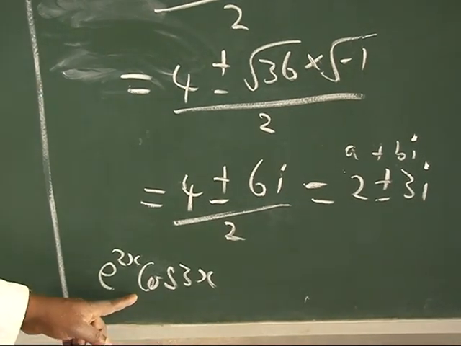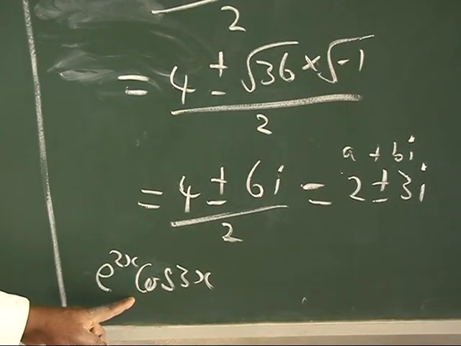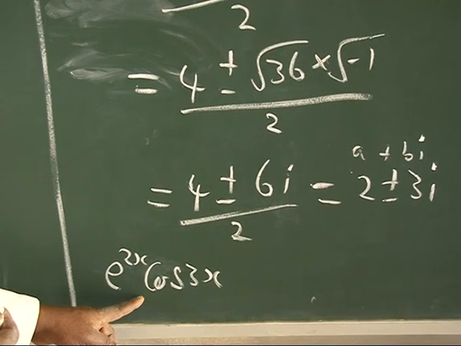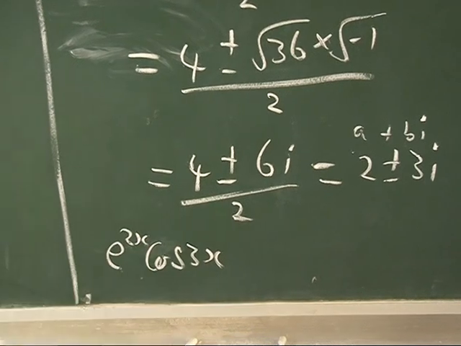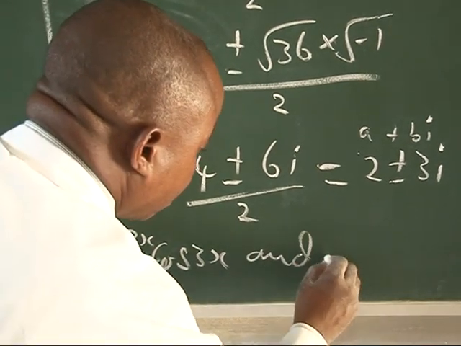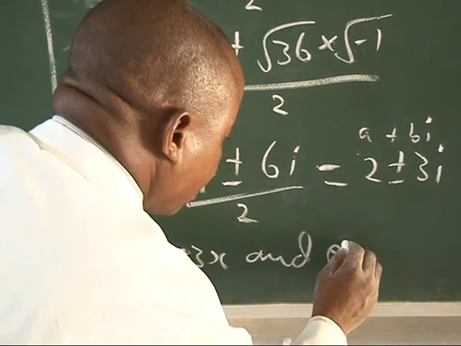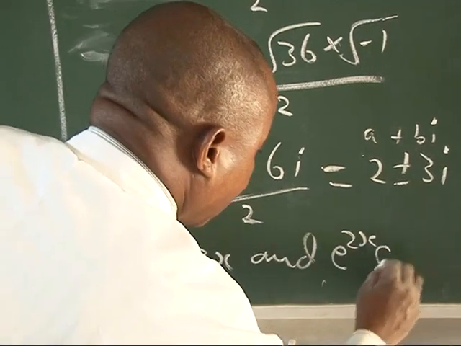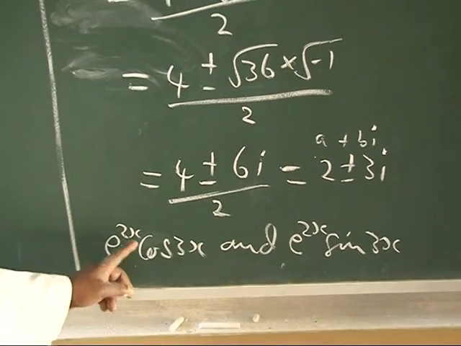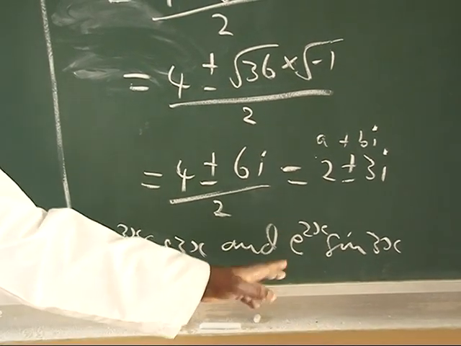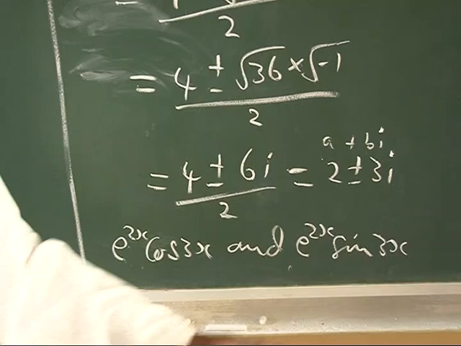We said from what we just showed that the two linearly independent solutions will be exponential ax cos bx and exponential ax sine bx. So this will be exponential 2x cos 3x and exponential 2x sine 3x.